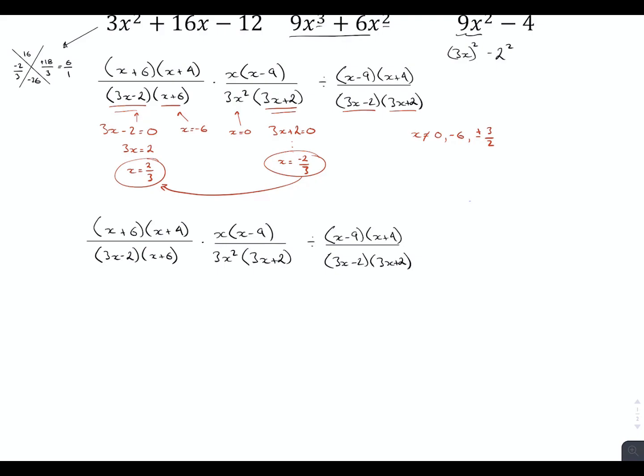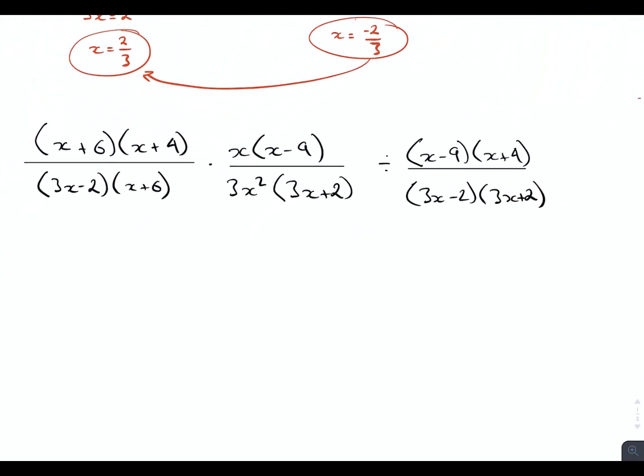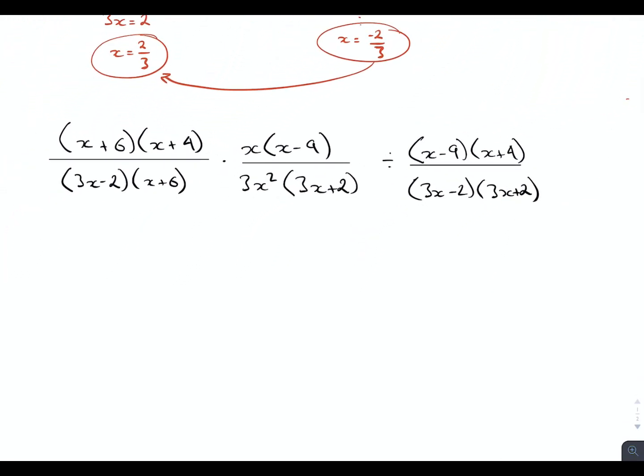I'll do that in red. Just zoom in for a moment. So what do we have here? I have x plus 6, so this will cancel with this denominator. And that's it for these guys here.